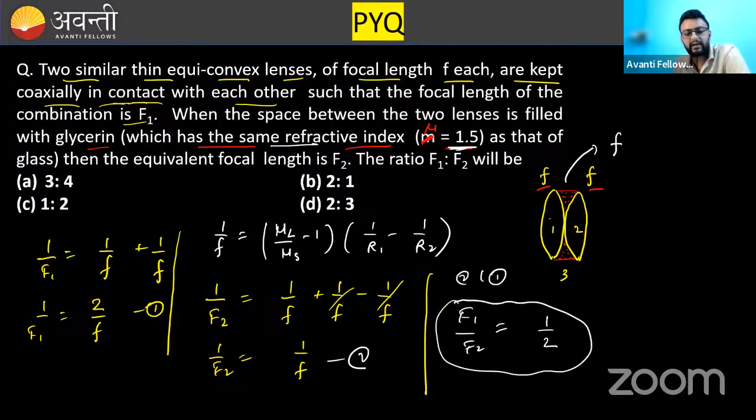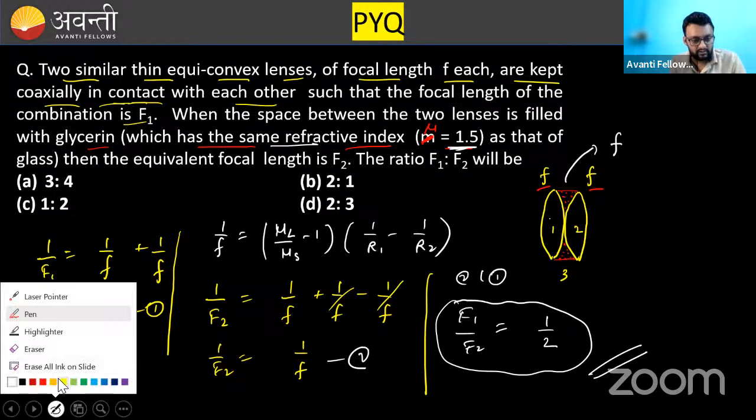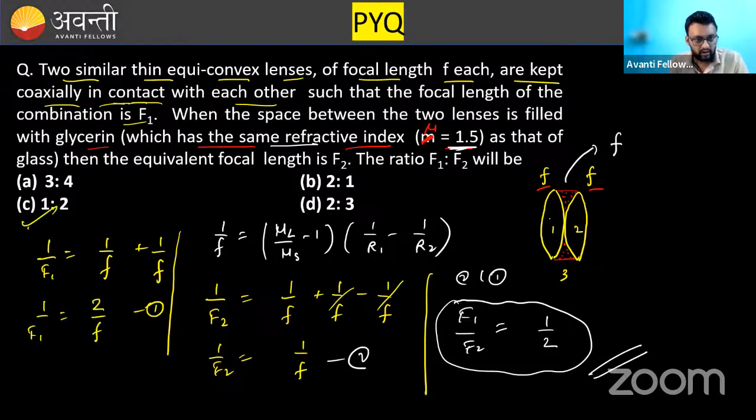You will get f1 by f2 is equal to 1 by 2. So if you talk about which option is correct out of these, I think very good, Gauri. Okay, Gauri Lakshmi, very good. You got the correct answer. That is 1:2. Very good. Now there are one or a few more concepts.